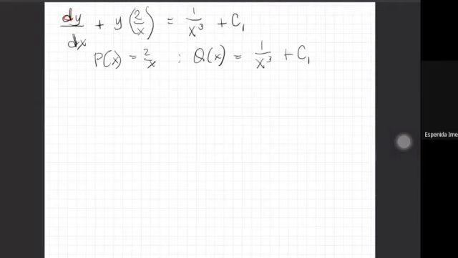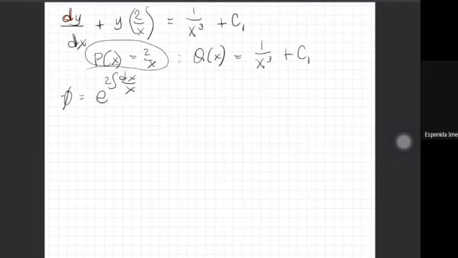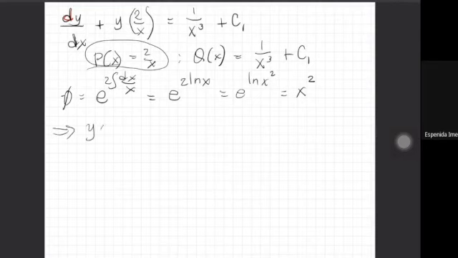And proceeding to solve for the integrating factor, we have dx over x, because this one is the component of your integrating factor, if you still remember how to solve using FOLDE. And so the next step is to write y times integrating factor equals the integral of the integrating factor times the q of x dx plus c sub 2.